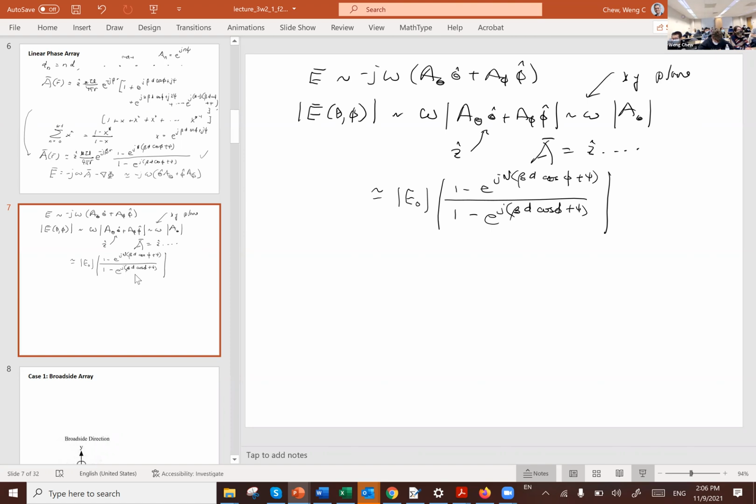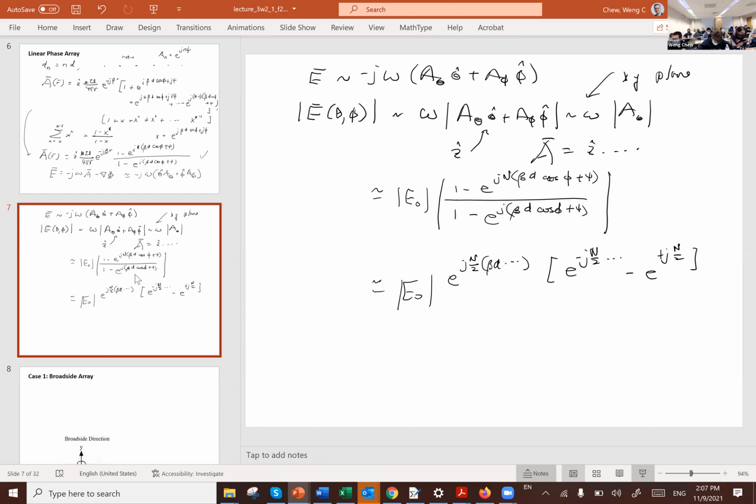Do you see what I mean? So I can take half exponents outside, and then what I have left is half exponents inside, minus e to the plus j half exponents for the second term.